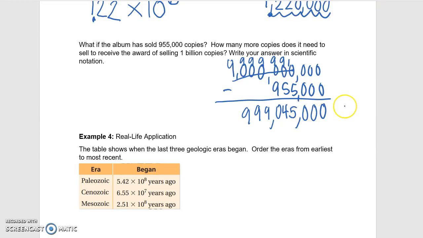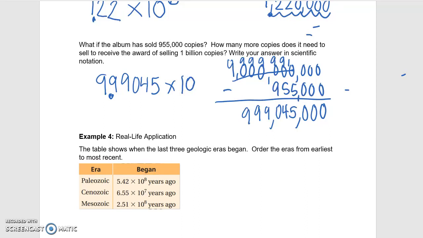So I'm going to ignore those zeros in the back and write 9, 9, 9, 0, 4, 5. And we'll have to place a decimal so it's between 1 and 10, so that's right behind the first 9, times the power of 10.